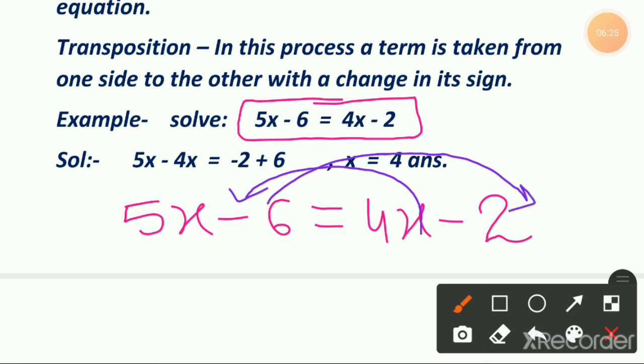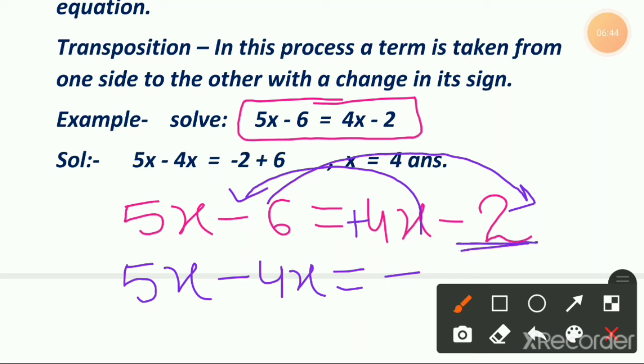In this way the x terms will be written together. 5x will be here and this is plus 4x, so it will become minus 4x, because the sign is plus, so it becomes minus. As I told, when you change the position, please remember to change the sign. This is already minus 2 and this negative 6 will become positive 6.